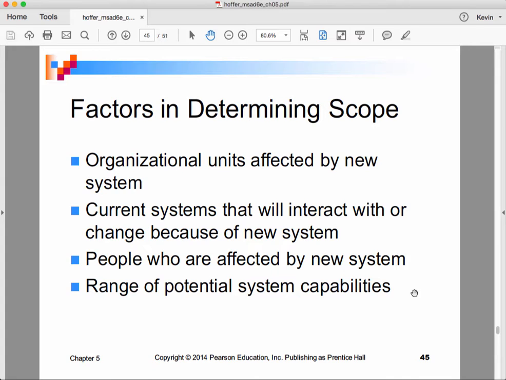And here's what I tend to want to tell my students about how to pick a scope. If you pick a scope that's too small, it doesn't solve a problem for enough people or organizations.